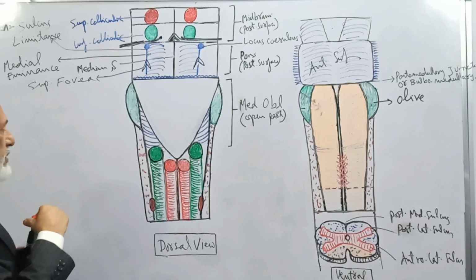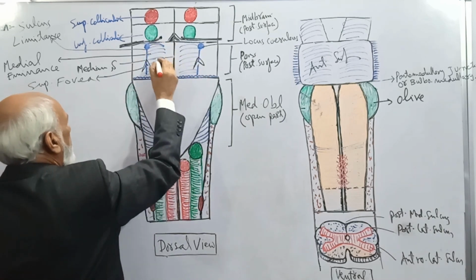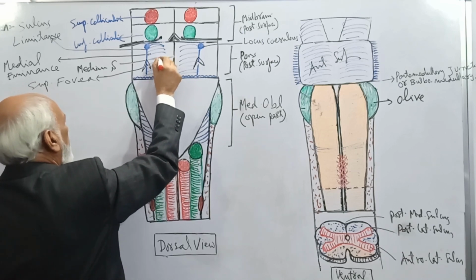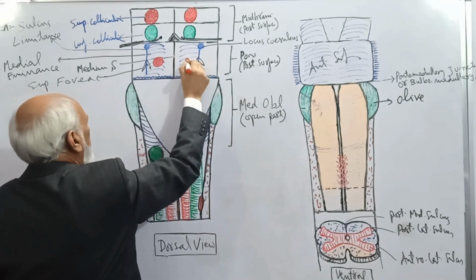Now superomedial to the superior fovea, on each medial eminence, there is the facial colliculus, a small projection on each side.